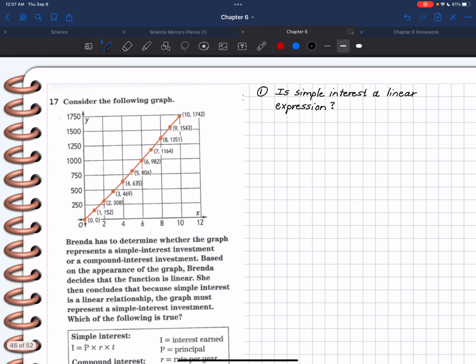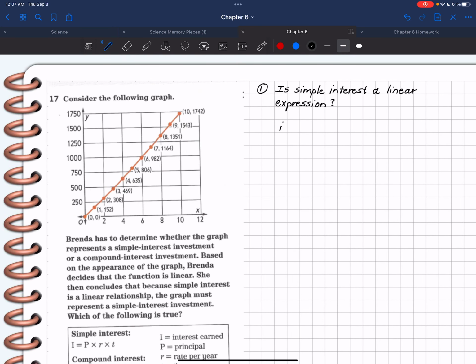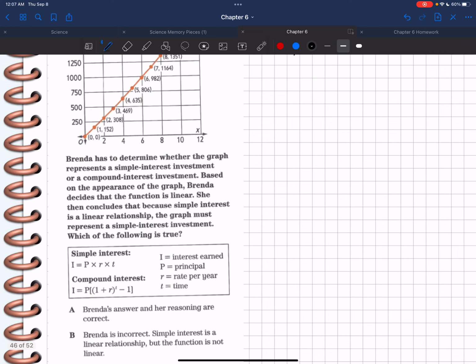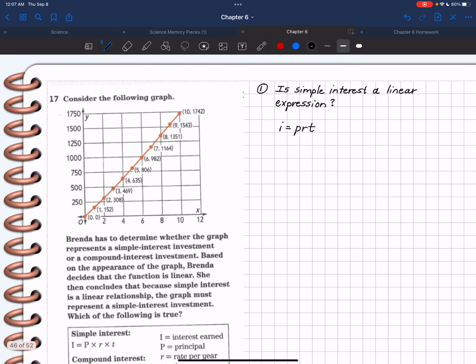The simple interest formula is interest equals principal times rate times time. Okay, that is a linear expression. There are no exponents of second powers, and it does work in a linear fashion. You plug in the variables, you get an answer. It is linear. So yes, it is a linear expression.